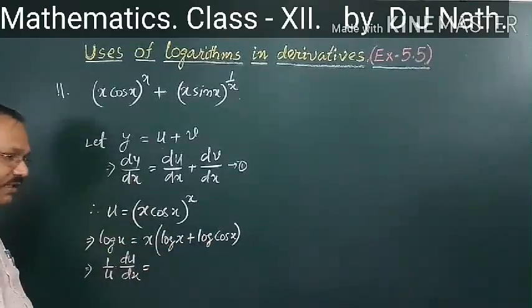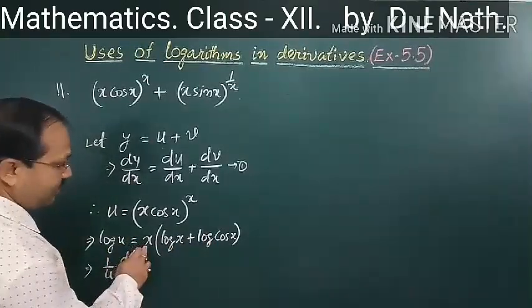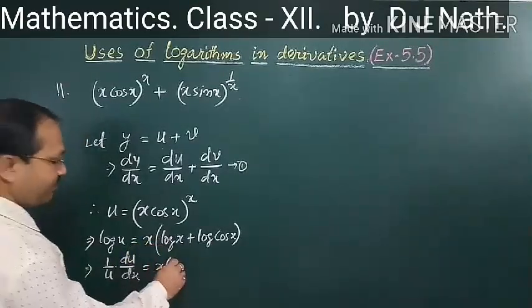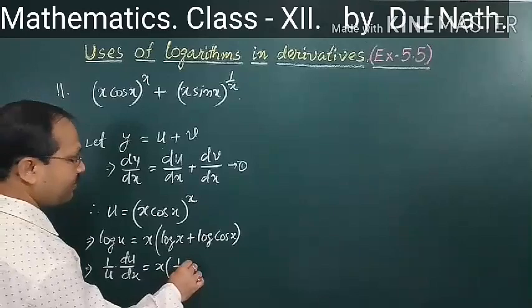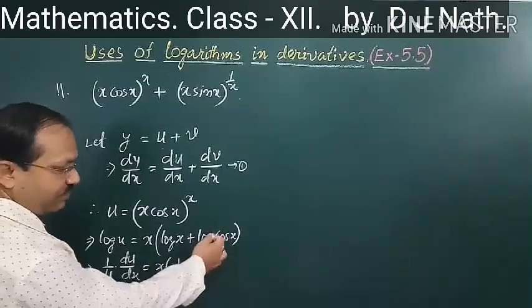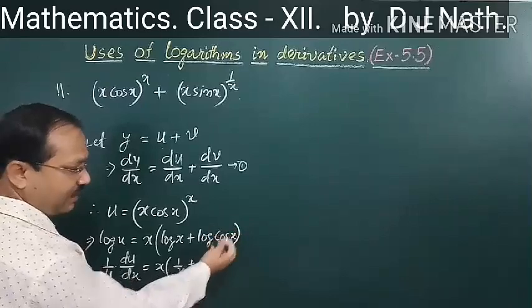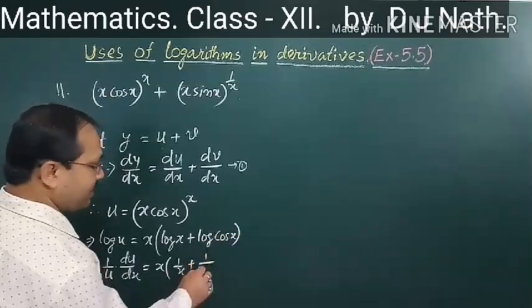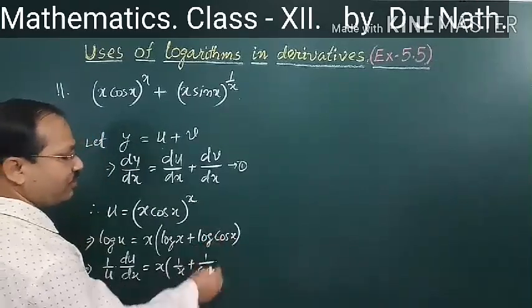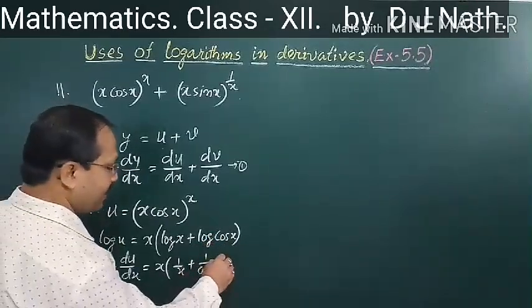So x into d dx of log x means 1 by x, plus log cos x. We will think of it as just x, so it is 1 by cos x, and since it is not just cos x, we have to do d dx of cos x, so it is minus sin x.